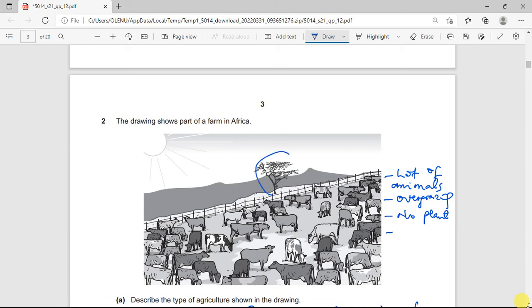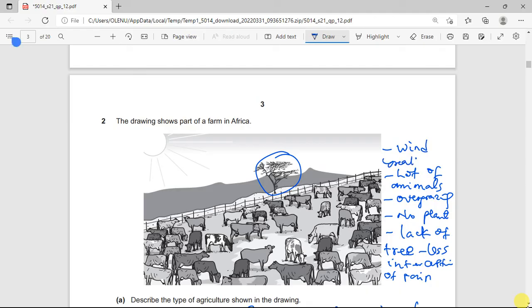You can see only one here, and lack of trees means there will be less interception of rainwater, so it has access to the soil. And there are no wind breaks, so the soil can easily be washed away by wind.